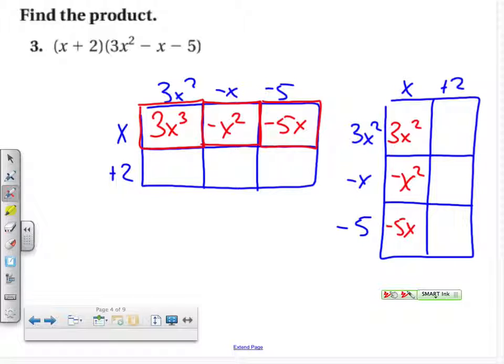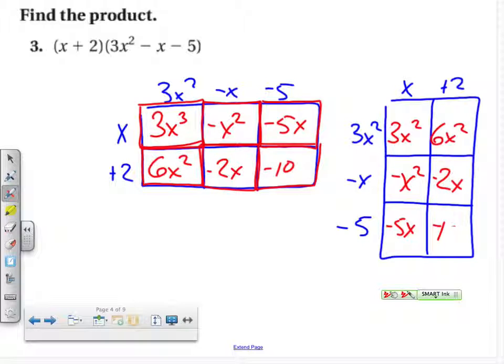The boxes are matching up. Down here, 2 times 3x squared gives us 6x squared. Right here, negative x times 2 is negative 2x. And right here, negative 5 times 2 is negative 10. Right? Those all match up.